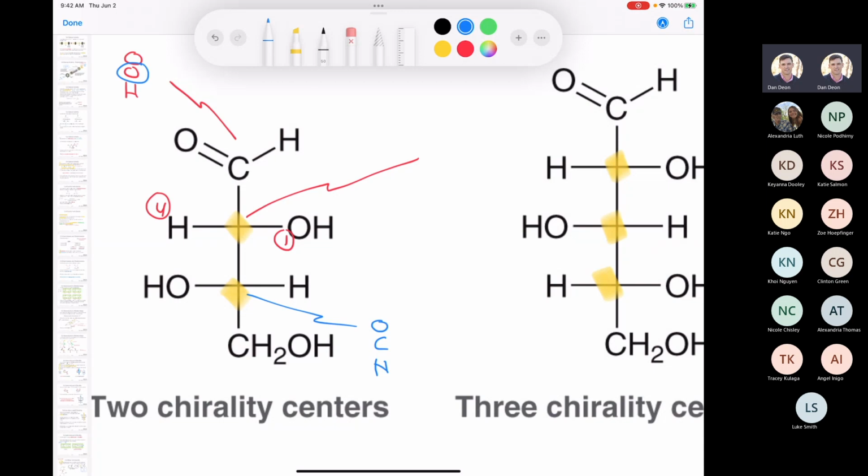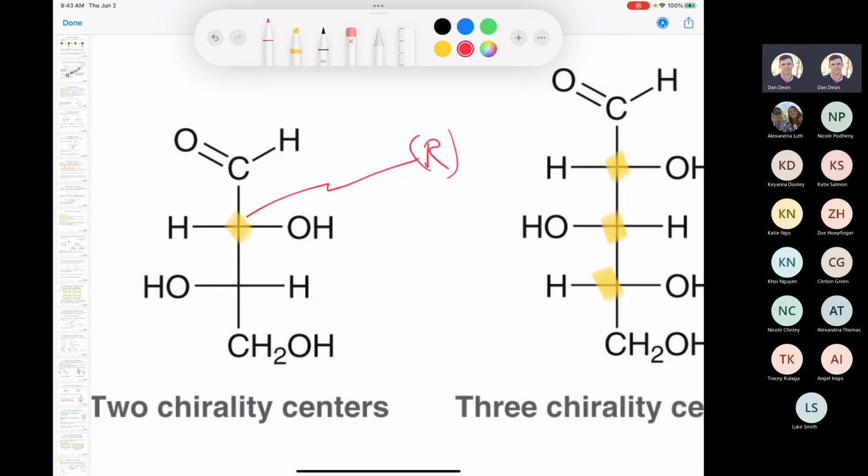Therefore, this group is going to be number 2, and this group would be number 3. I go from 1 to 2 to 3. That's counterclockwise, so that would be S. But remember, the hydrogen is coming out towards you, and so you reverse that. Thus, the stereochemistry here is R. And so let's label that first stereocenter as being R.